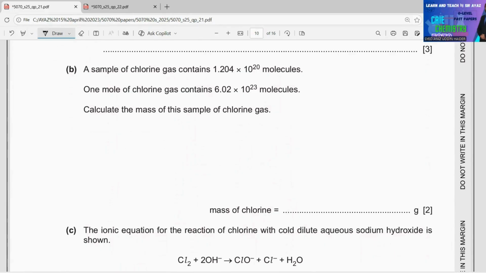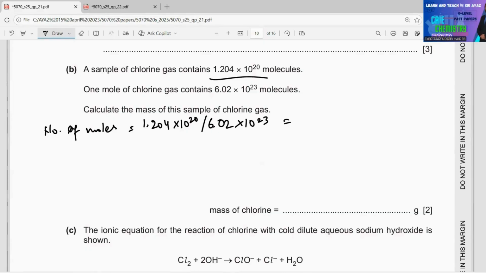In order to find the number of moles, you simply divide the particles by the number of particles in 1 mole. So the particles are given, that's 1.204 into 10 to the power 20. So you'll write 1.204 into 10 raised to power 20 divided by the number of particles in 1 mole, which is 6.02 into 10 raised to power 23.